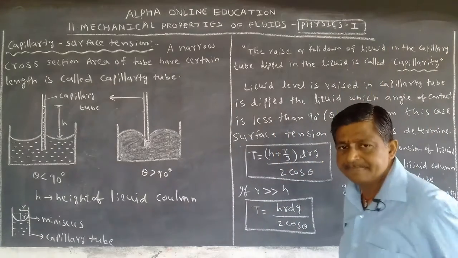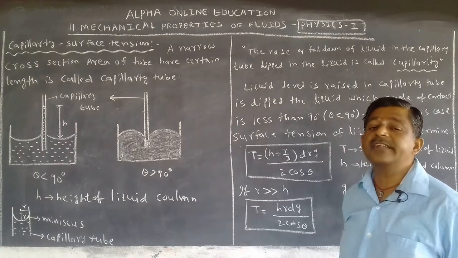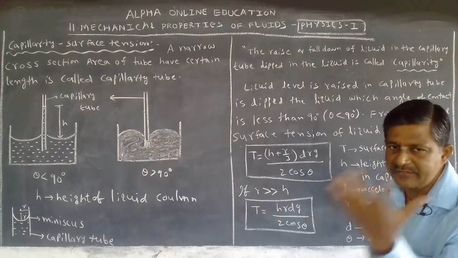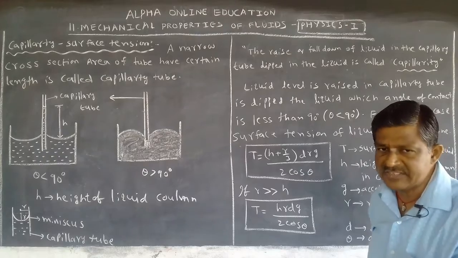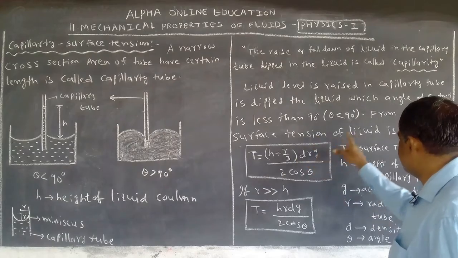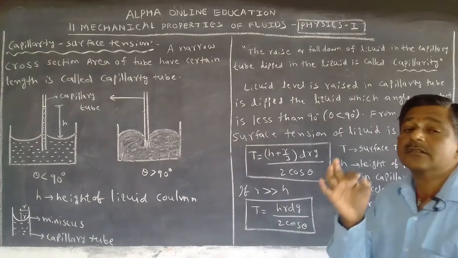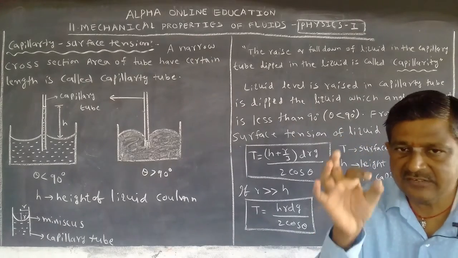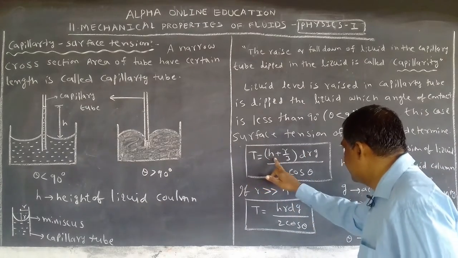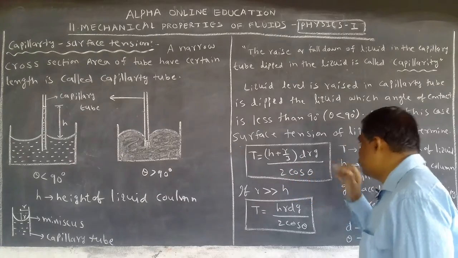For any liquid, the surface tension can be determined. Actually it has a proof, but the proof is not in our syllabus; we only have the equation. The equation for the surface tension of a liquid by the capillary rise method is T = (h + r/3) d r g / (2 cos theta).